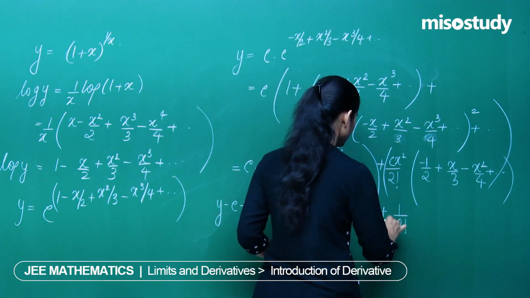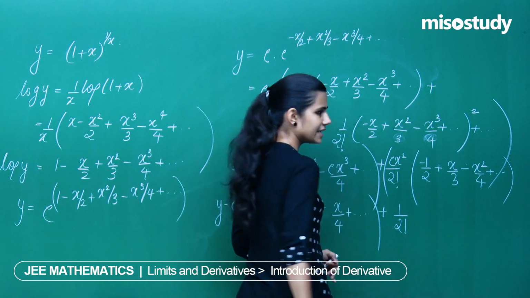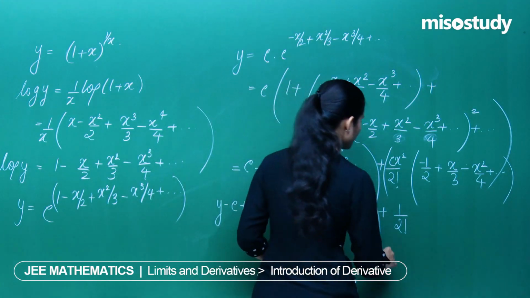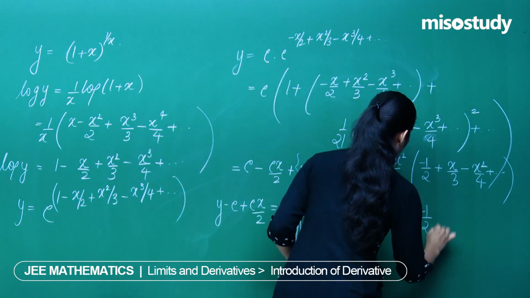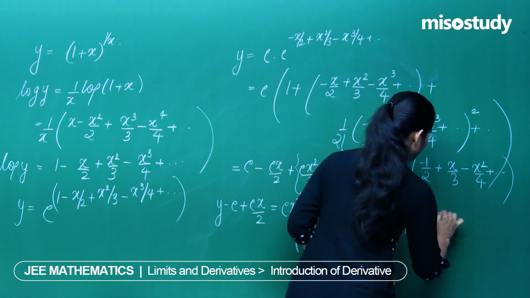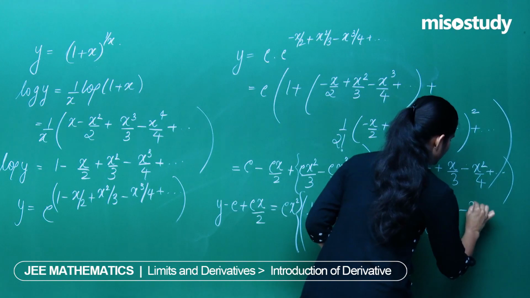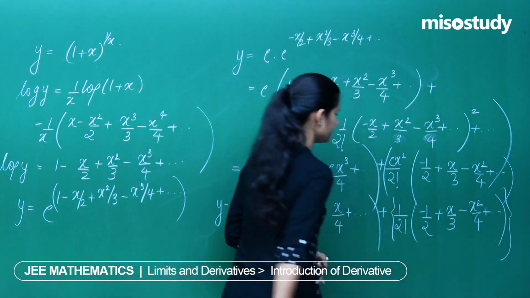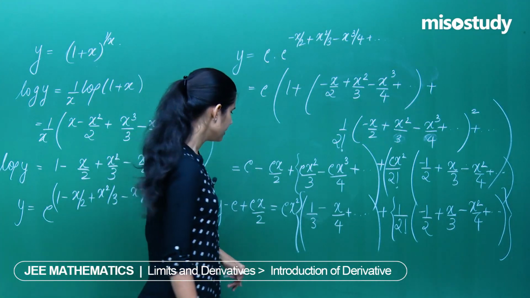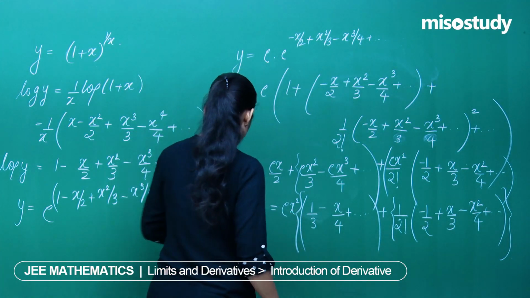So this is one thing, complete ex square is coming out common. I am left with 1 by 2 factorial times this, which is common, okay, so minus 1 by 2 plus x by 3 minus x square by 4 and so on.